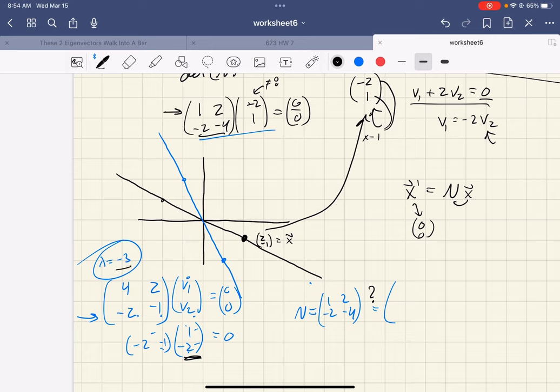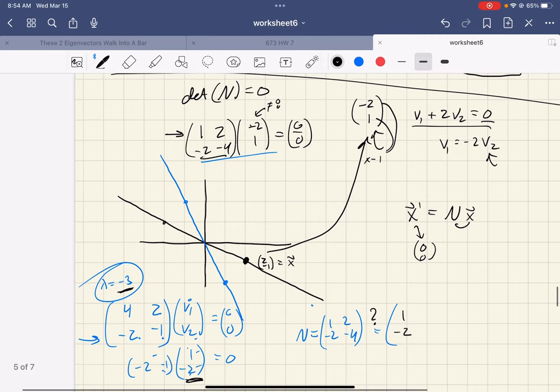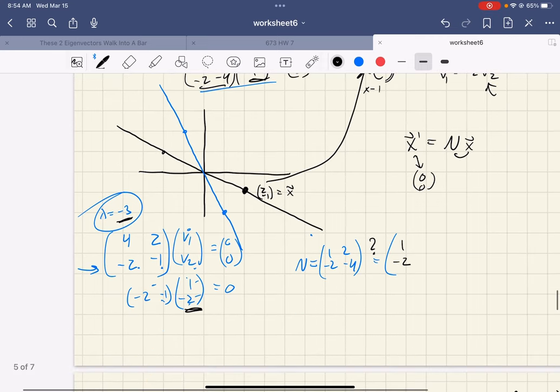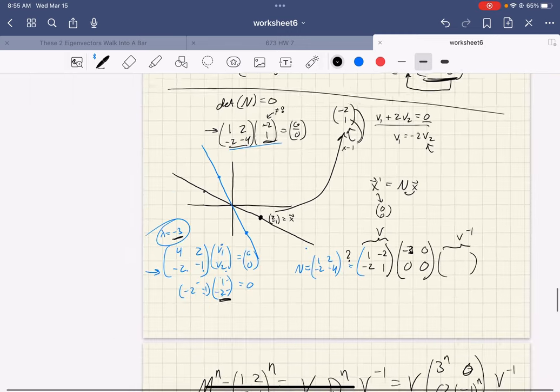So for the eigenvalue minus 3, I have 1, minus 2. And for the eigenvalue of 0, we have minus 2 and 1. And then that was minus 3 and 0. And if I call this V, then over here is V inverse, which I'm not going to bother writing.